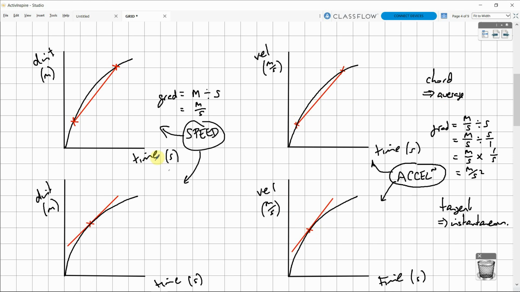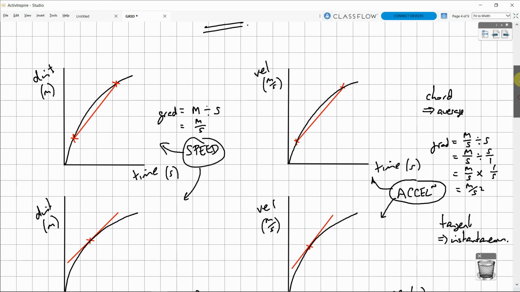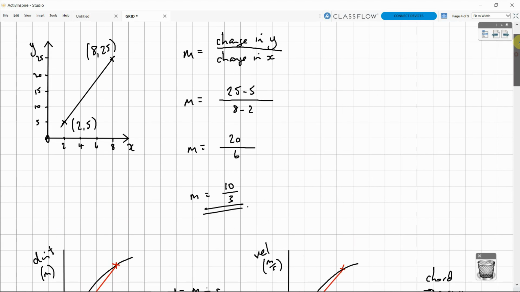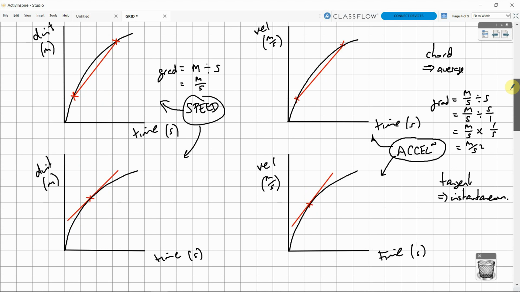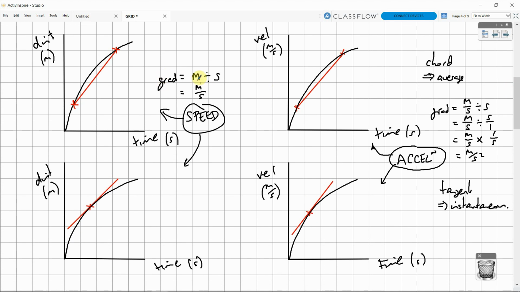Now I would judge that if you try to memorize these four situations, you're going to get very confused. I think it's much cleverer just to know how to work out the gradient, as we did up here. You've got to do that anyway for simpler questions. Know how to work out the gradient, and then do the same calculation, but with the units.